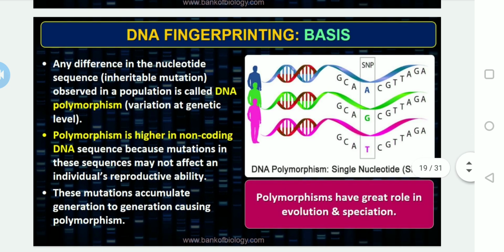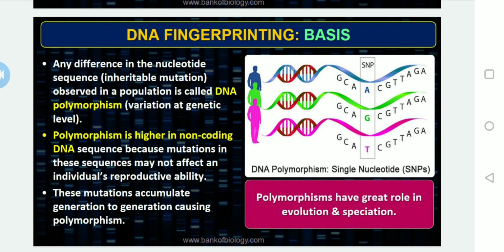Any difference in the nucleotide sequence, an inheritable mutation. I told you that during sexual reproduction the mutation is very important, that is the positive mutation, isn't it? During sexual reproduction we can identify that is nothing but variation. So any difference in the nucleotide sequence, an inheritable mutation observed in a population, is called DNA polymorphism.